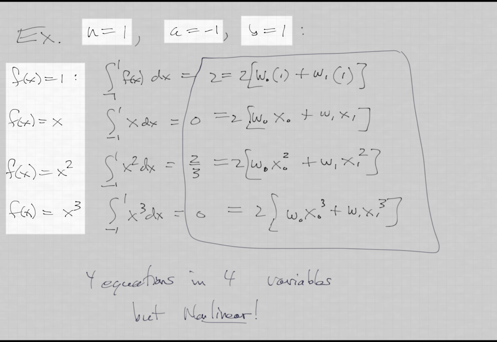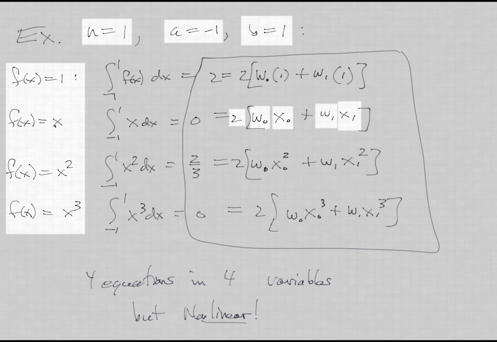And in each case, the value of the integral is supposed to be given using this Gaussian quadrature scheme, right, where we multiply the length of the interval, which in this case is 2, times the weight of the first sample point times the value of the function at the first sample point plus the weight of the second sample point times the value of the function at the second sample point, right?